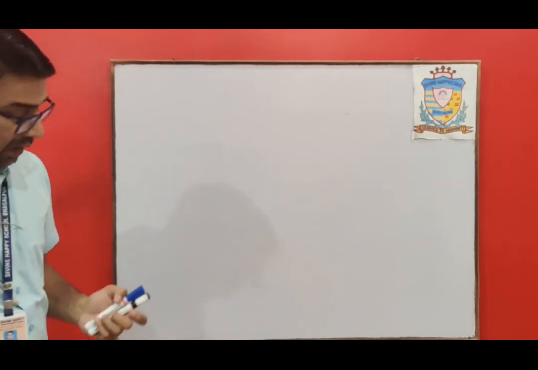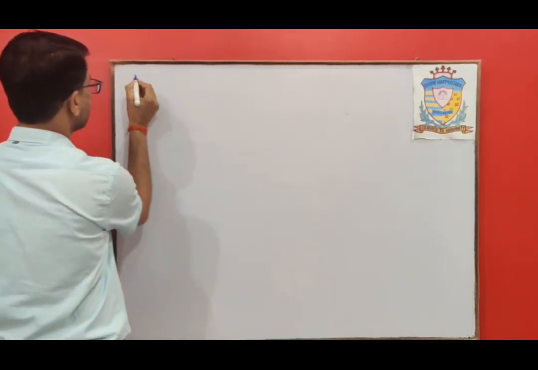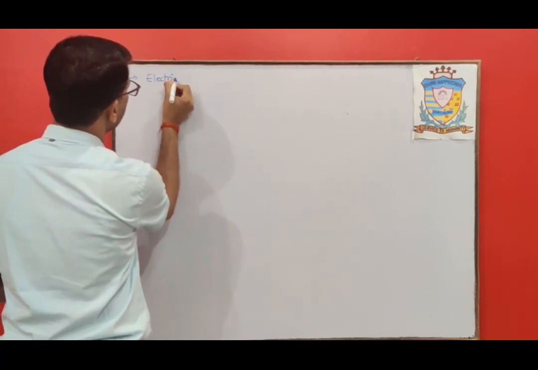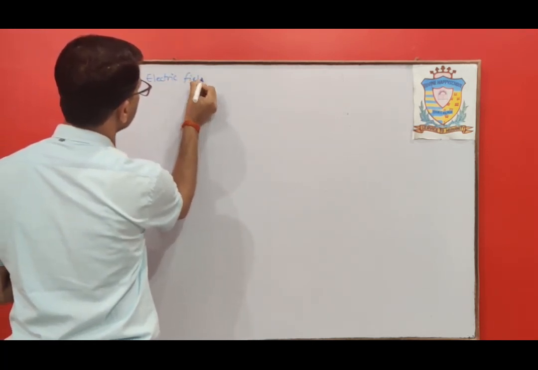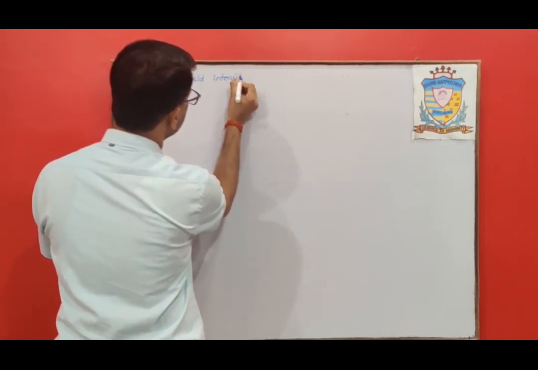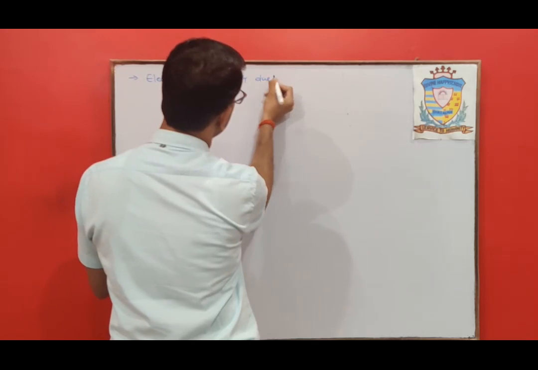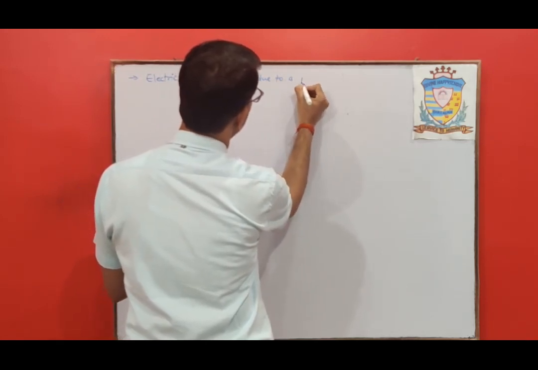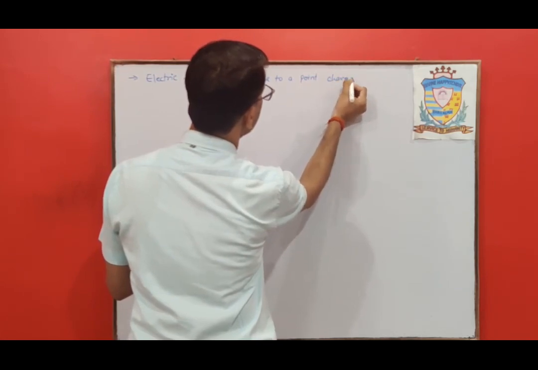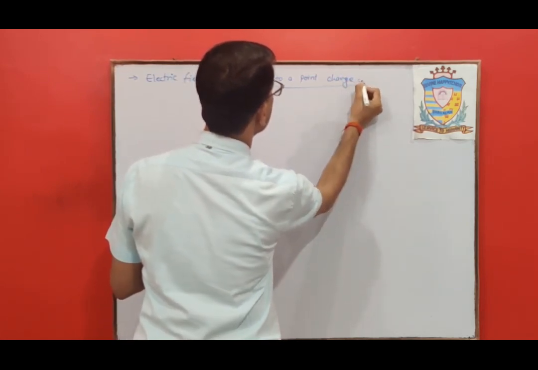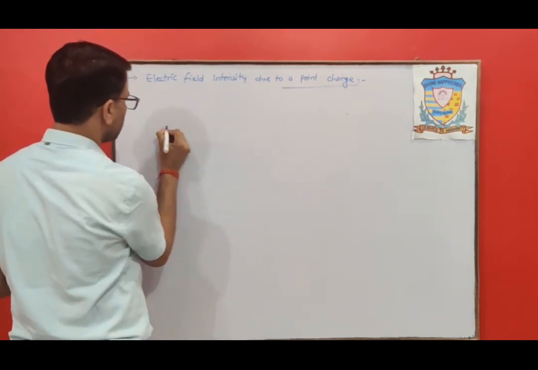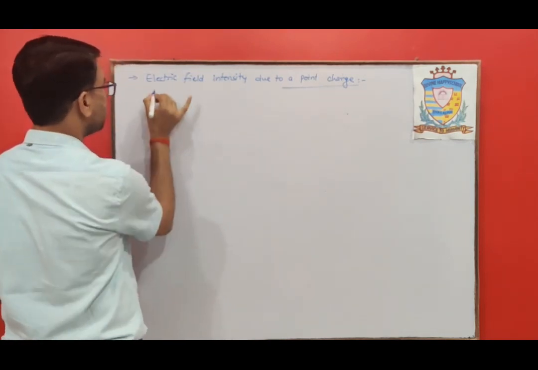Next, we'll find the electric field intensity due to a point charge. Suppose we have a source charge at this point.